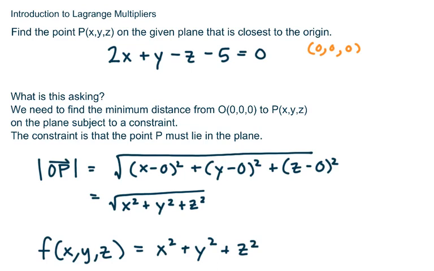The distance from the origin to the point P is minimized at the same point or points where this function is minimized. Now, we can't forget that we have this constraint. P has to lie in this plane.